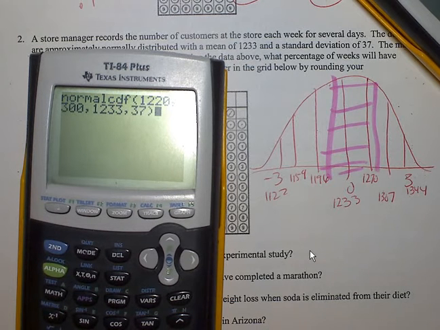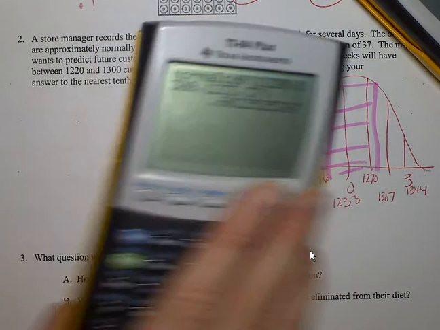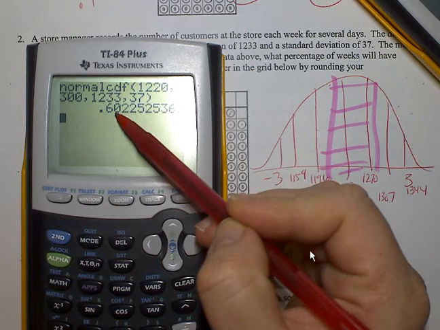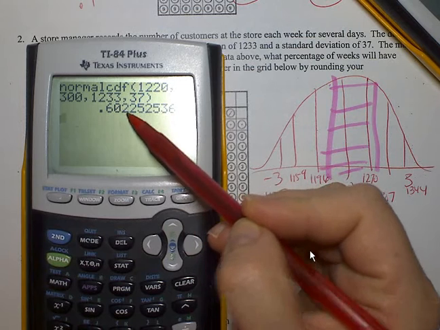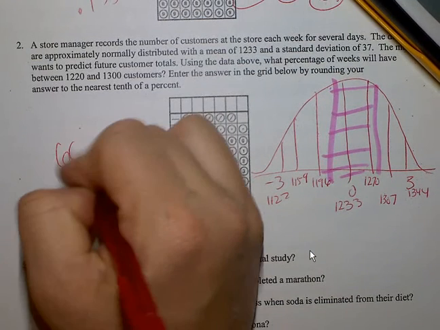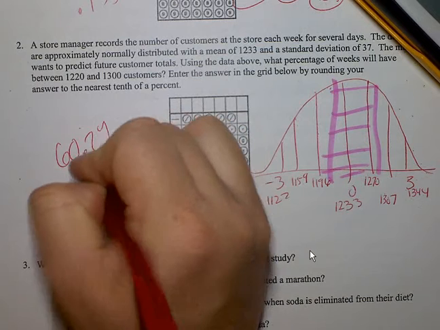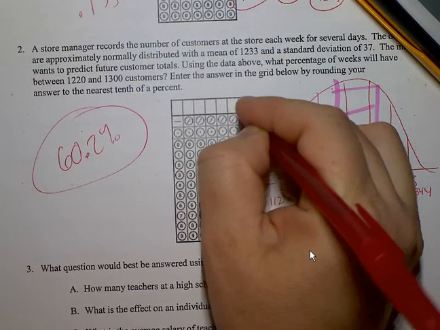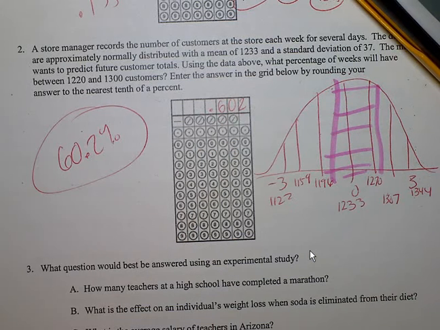And it says to round your answer to the nearest tenth of a percent. So if I move it 2 places, it'd be 60.2%. So if we just had a box, I would write this in it. If I had to turn it back into a decimal, it would be 0.602.